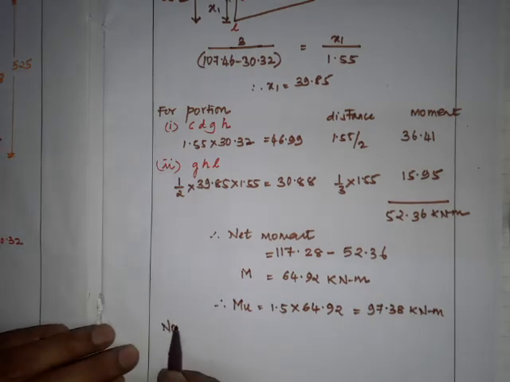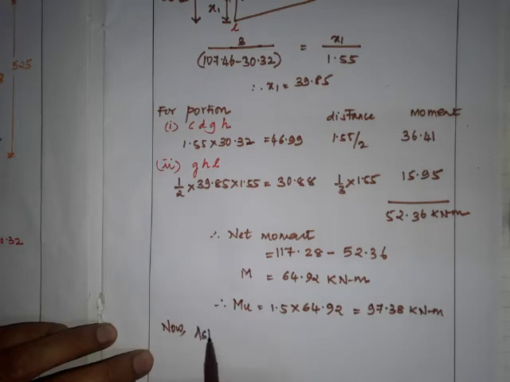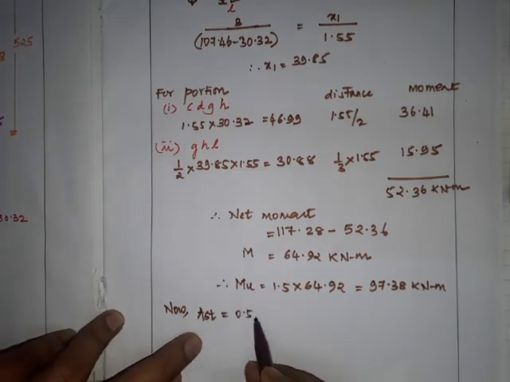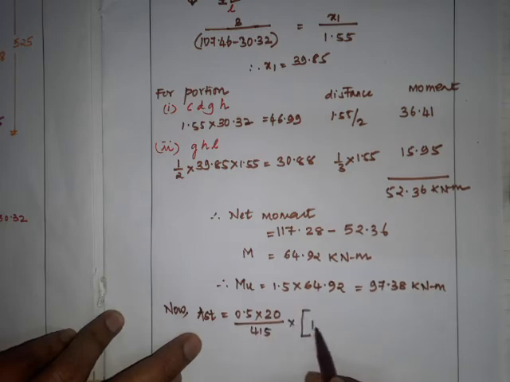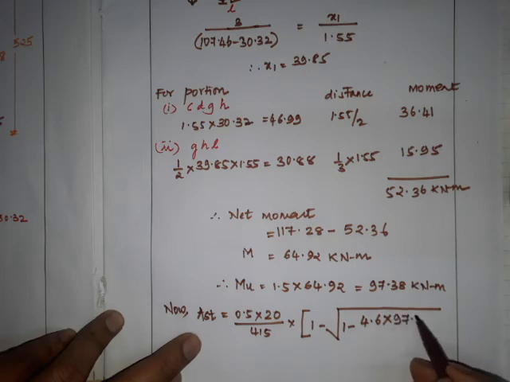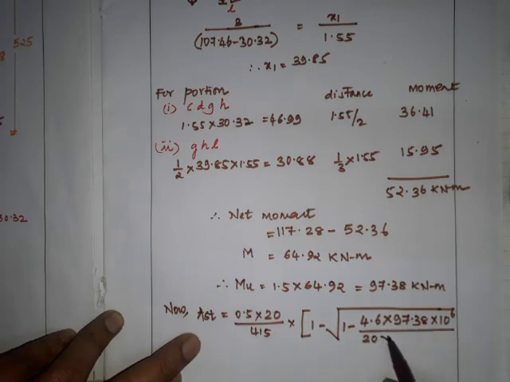So now after getting the bending moment we have to calculate the area of steel, that is Ast is equal to 0.5 fck 20 upon fy, 415, into bracket of 1 minus square root of 1 minus 4.6 Mu, which is 97.38 into 10 raised to 6, upon fck 20, b is 1000 and d is 400, square into b 1000 into d 400.